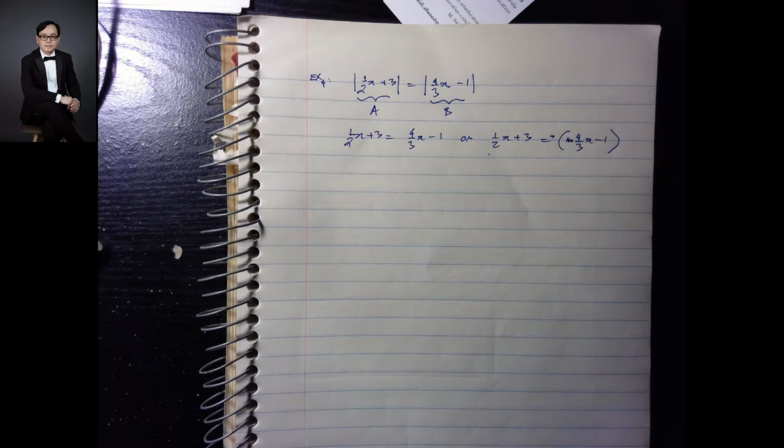Yeah, I think that's all for the concept of absolute equation. I will find something more complicated or more interesting to do later on in the future, which helps you learn more about how to solve absolute equations.